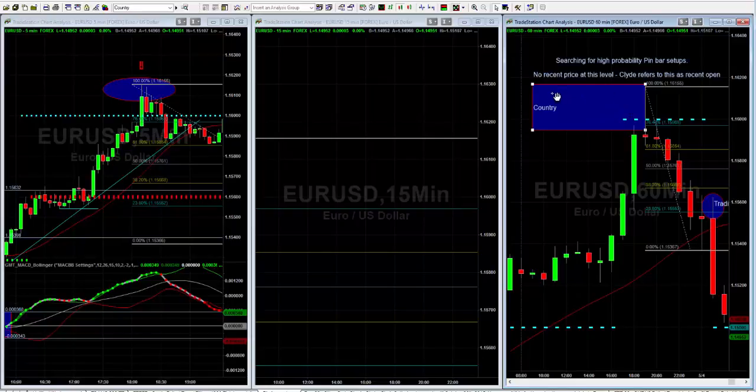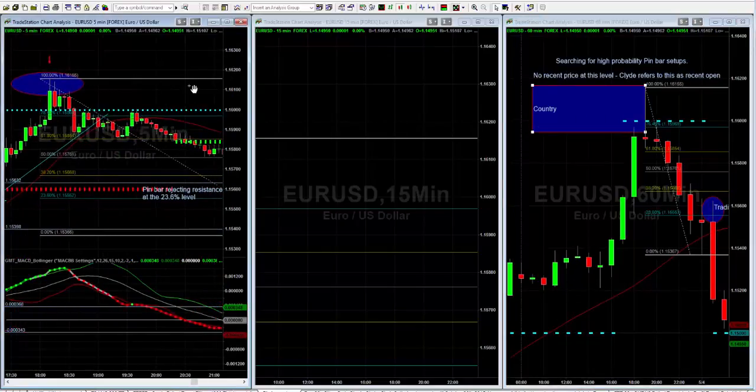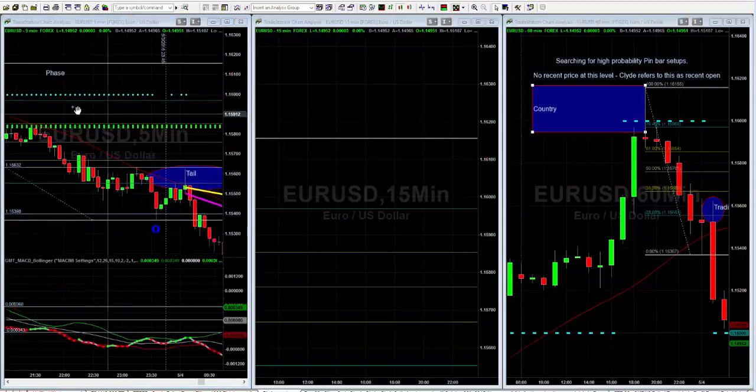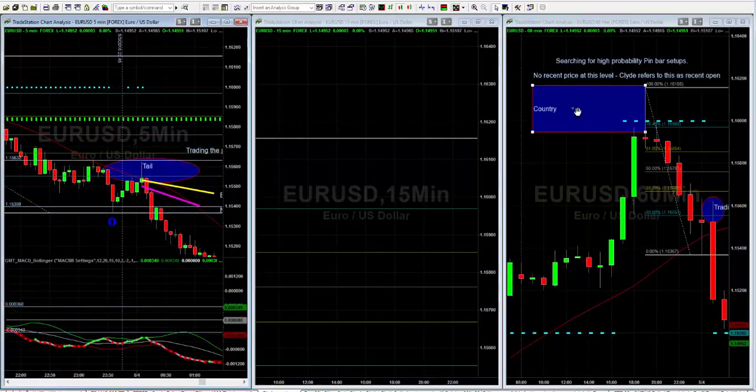When you don't have price in recent price action, to the left of any pin bar that you're looking at, that's a really nice additional point of difference as far as a pin bar. We also have obviously resistance. So that little bit of information then becomes a catalyst for our entry, doesn't it?